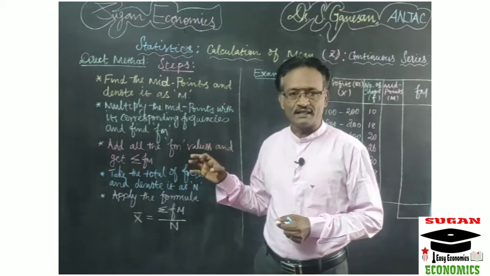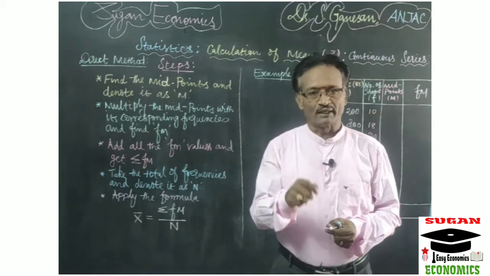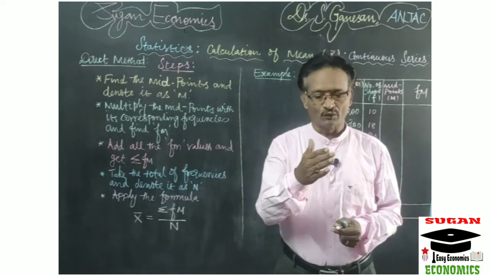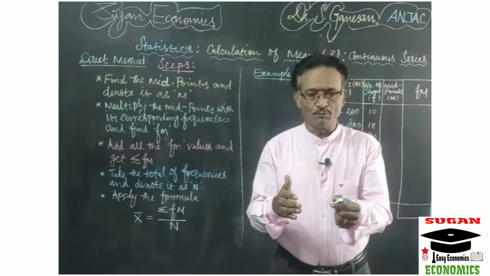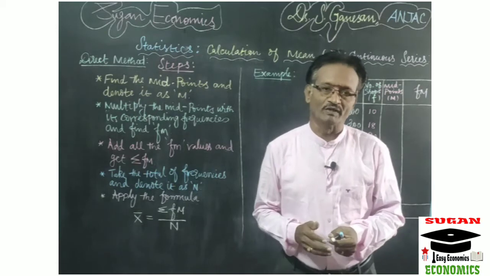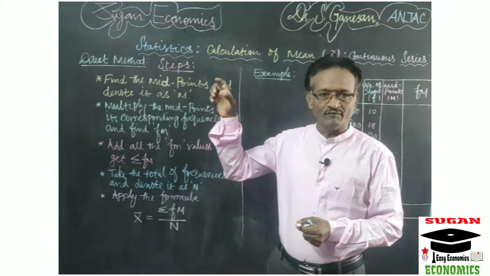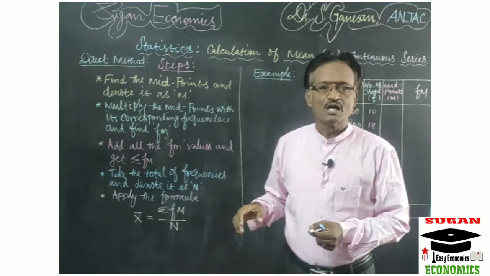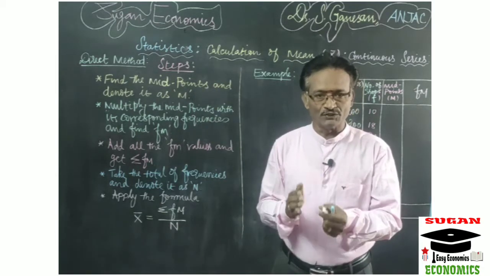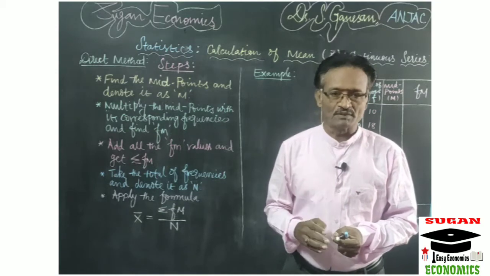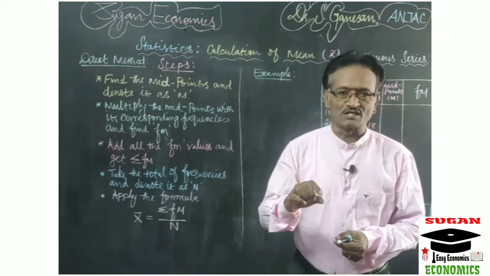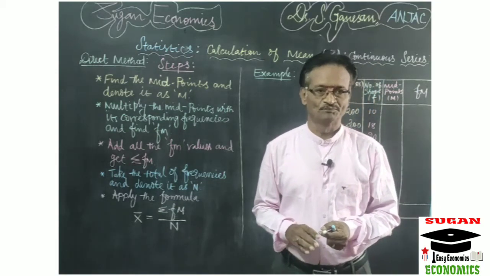In a continuous series we have both a lower limit and an upper limit, so in between any fractional values can be included. Under continuous series we have the x values or the variables in continuous order, and at the same time a corresponding frequency also.